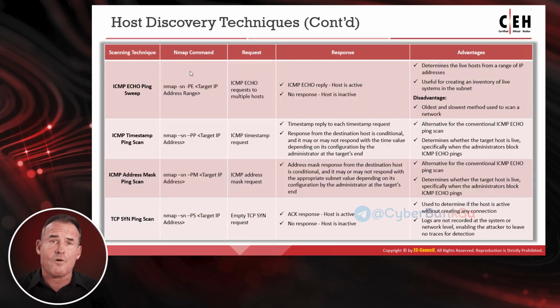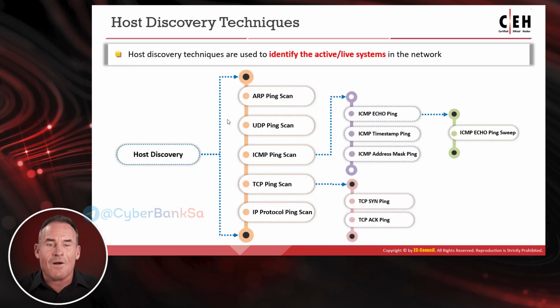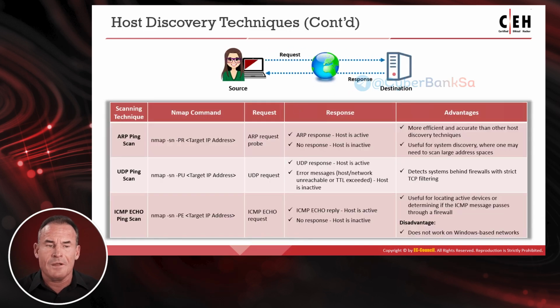We'll talk a little bit more about SYNing and ACKing in the next few slides, and the normal behavior for an unsolicited ACK or an unsolicited SYN request. So, your host discovery techniques: there are plenty of ways to discover a host, some potentially more reliable than others. With ICMP, there's more of a tendency for things to be filtered, especially at perimeter devices, the border of your networks, and that sort of thing.